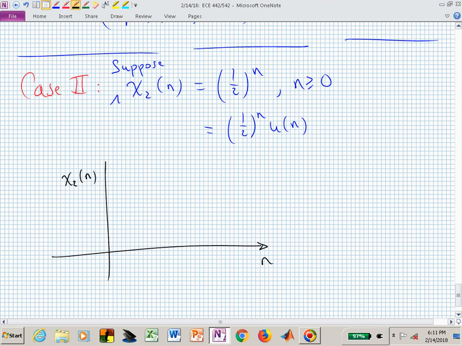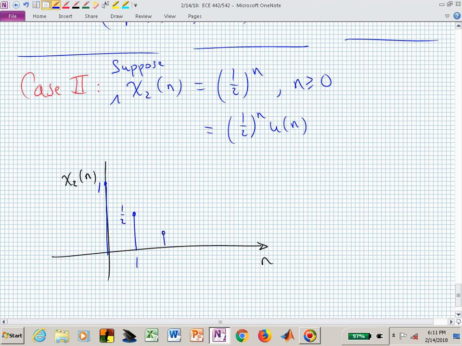What does this look like as a function of time? What's its value at n equals 0? It's 1. Then it just gets cut by the common ratio, 1/2. So now we're down to 1/2.